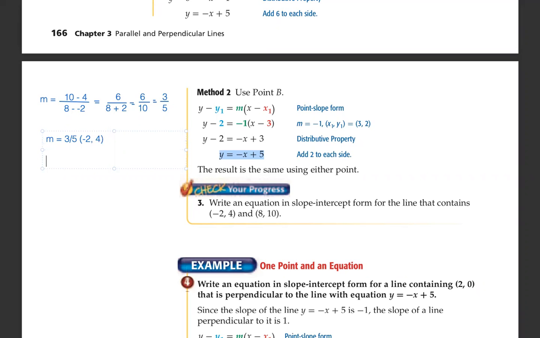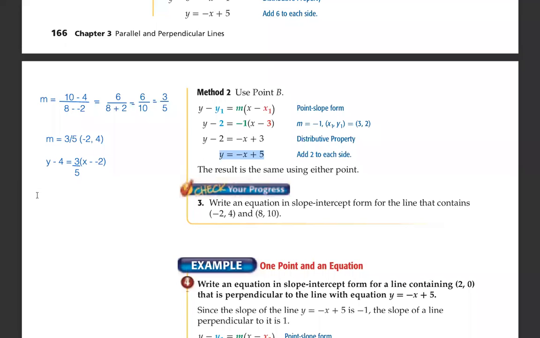So that becomes y minus y1, which is 4, equals 3 over 5, which is our m, times, I have to write a fraction like that, guys, so it's easy and will not confuse us later. Open parenthesis x minus negative 2, close.